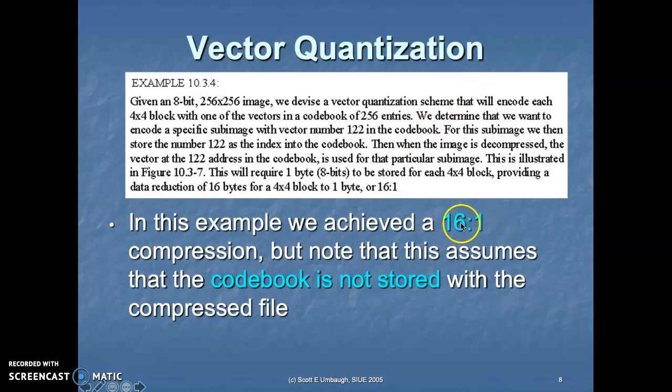It means that you can reduce by 16, because 4 times 4 is 16. If you divide into blocks, then you can save one block as one entry, which we refer to as 122.